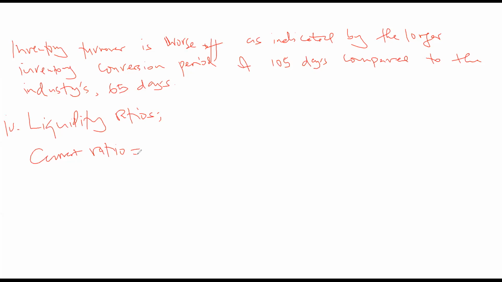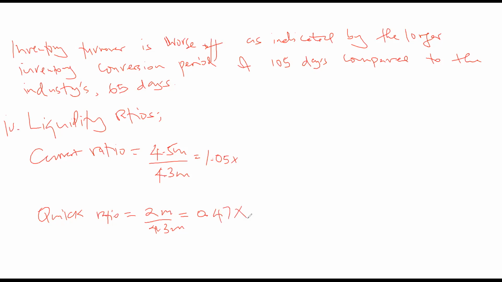Current ratio for 2015 is 4.5 million divided by current liabilities of 4.3 million, giving us 1.05, almost 1 times. Now for the quick ratio, we remove the inventory and remain with only receivables. So 2 million divided by 4.3 million gives 0.47 times.